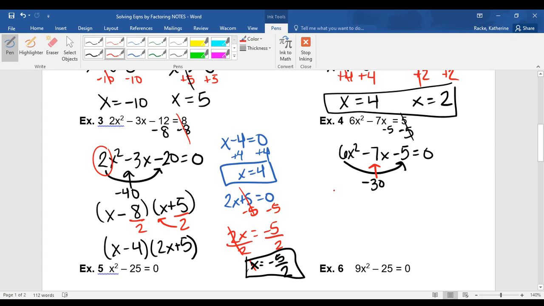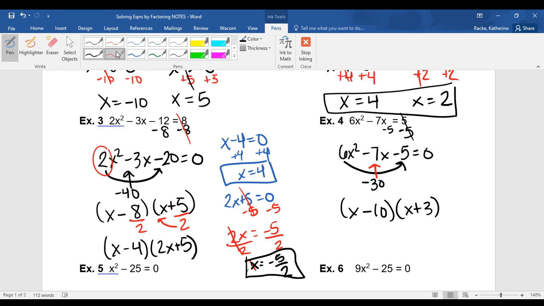So it will be, sorry, I had a brain fart for a second. It will be x minus 10, because our number in the middle is a negative 7, so our bigger number needs to be negative, and x plus 3. Negative 10 times 3 gives us a negative 30. Negative 10 plus 3 gives us a negative 7.